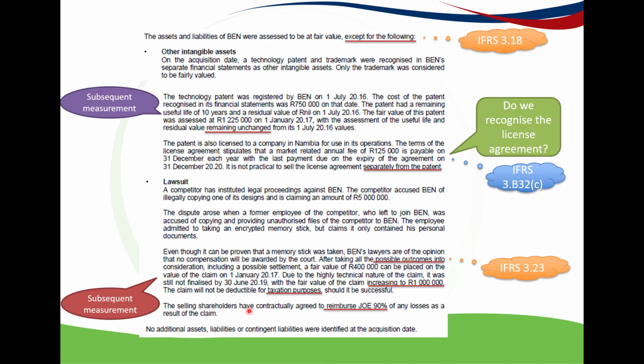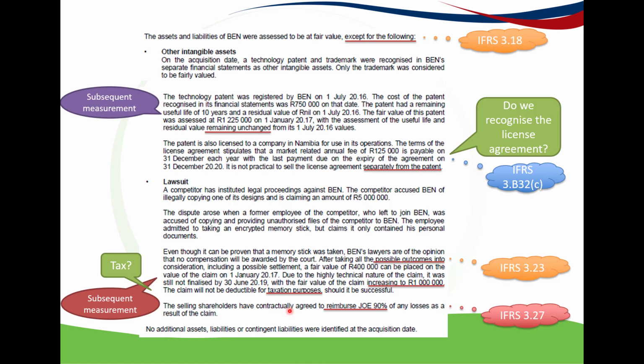The selling shareholders have contractually agreed to reimburse Joe 90% of any losses as a result of the claim. That is IFRS 3.27, which states: The seller in a business combination may contractually indemnify the acquirer for the outcome of a contingency or uncertainty related to all or part of a specific asset or liability.